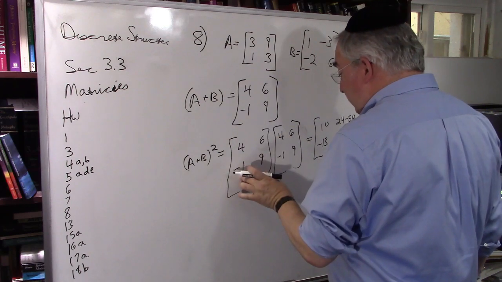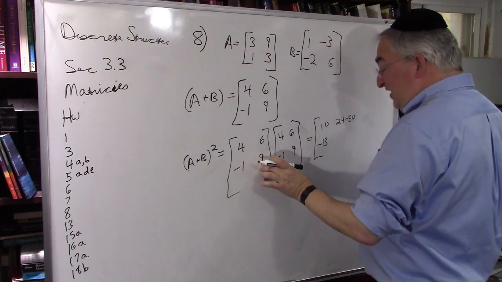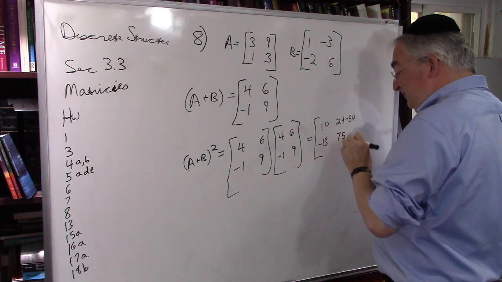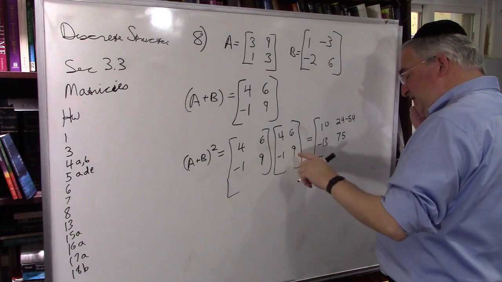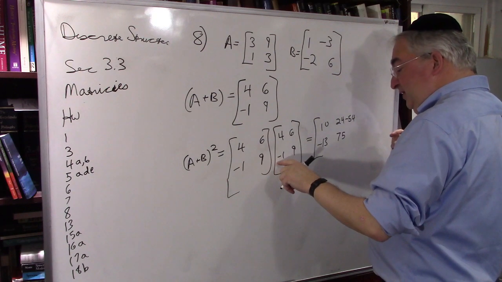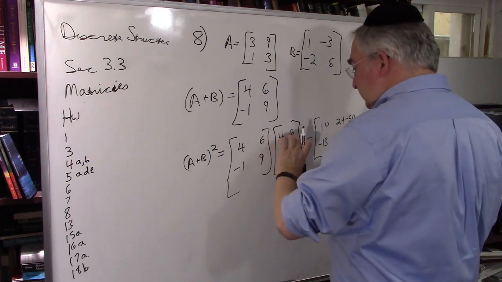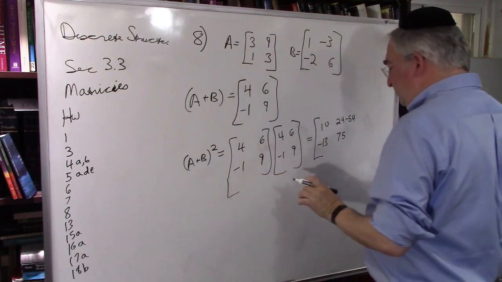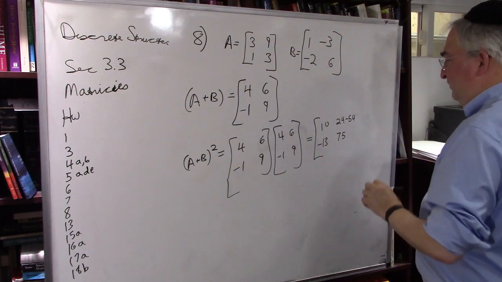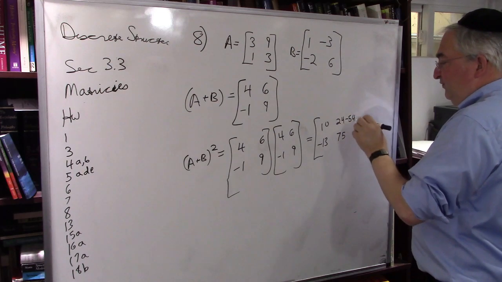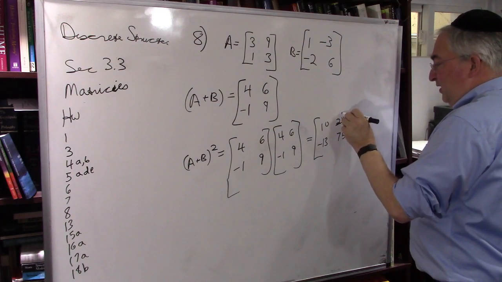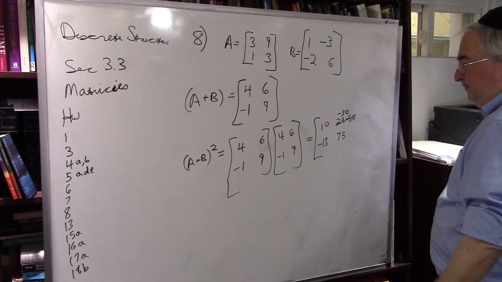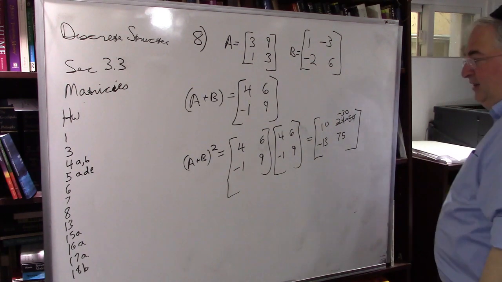And this is minus 6 plus 81 is 75. 9 times 9 is 81. I'm sorry, hold on. Minus 6 times 9 times 9. So, right, 24 minus 54 is negative 30. Okay, that's that.